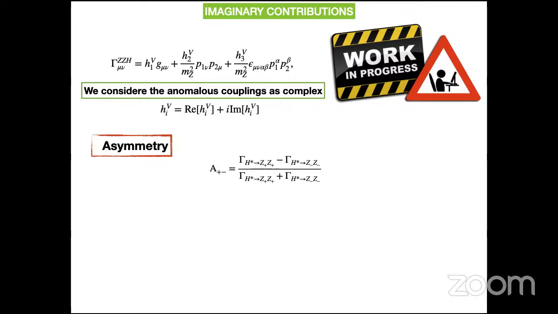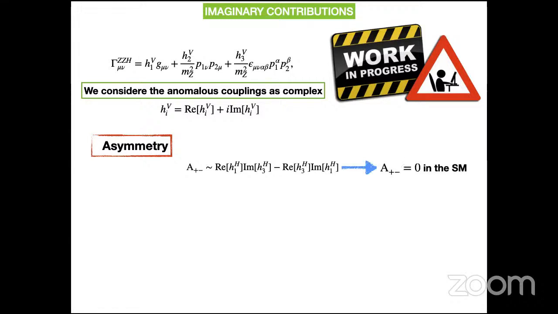Here I go again. We take the difference between the production of the polarized Z bosons, and we find, if we again use this expression here, where we use the real and the imaginary parts of the anomalous couplings, that the asymmetry is proportional to these terms.